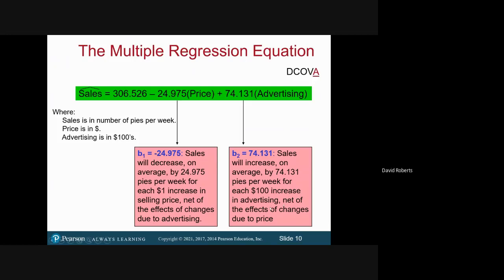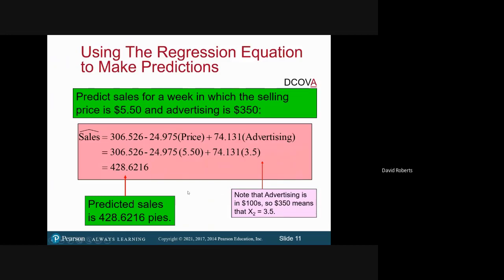So if you spend $150 on advertising, you can just do the math. If you only increase the price of the pies by 25 cents instead of $1, you just do the math. So in this particular case, you've actually increased the price by $5.50, but you've also spent $350 on advertising.